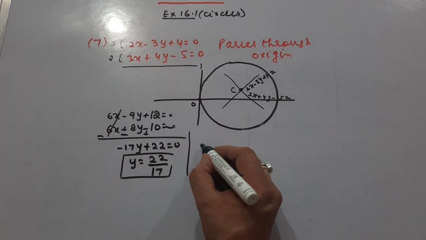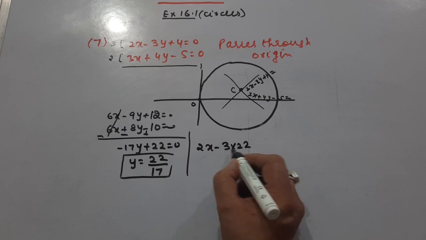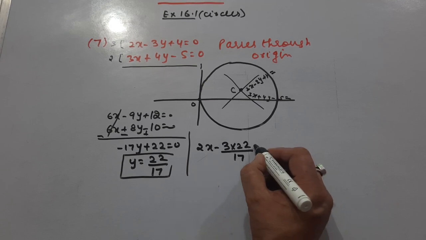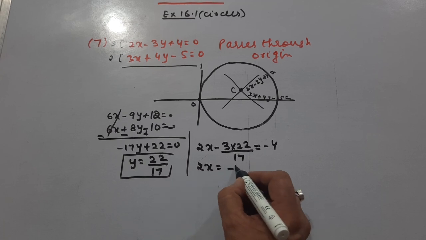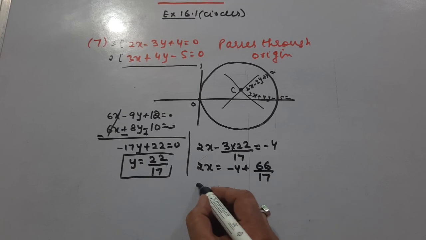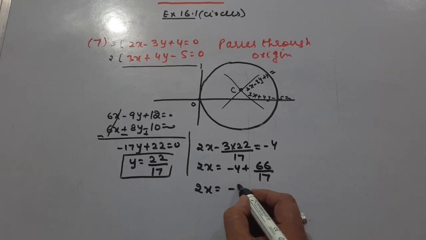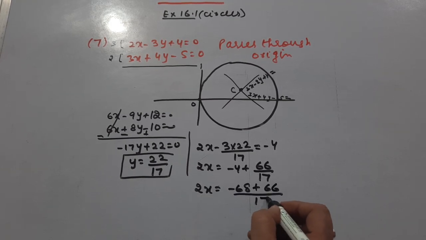So putting this value of y in the first equation, 2x equal to minus 4 plus 66 upon 17, or 2x equal to minus 68 plus 66 upon 17.